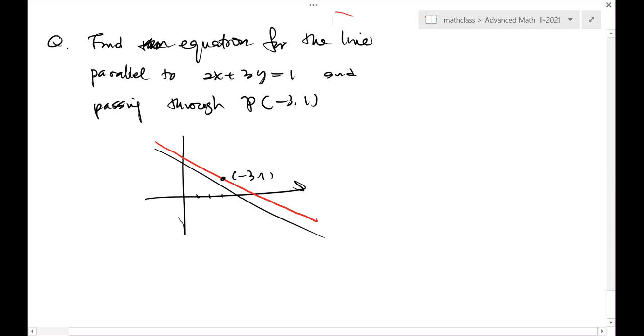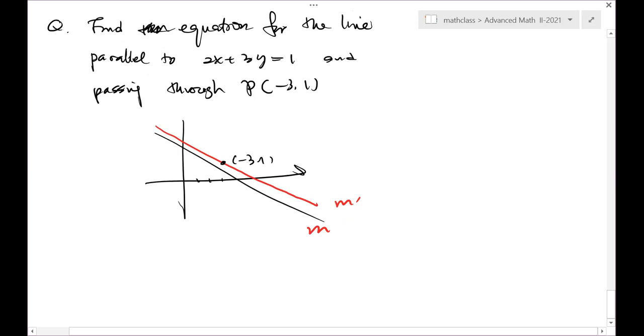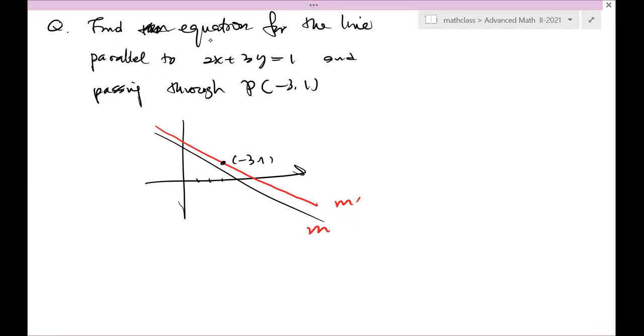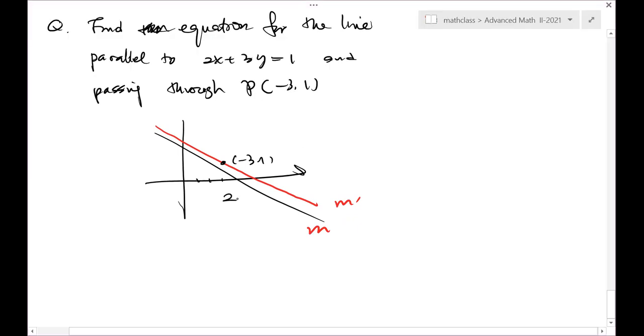All right, so you have to find out the slope. Because those two lines are parallel, they have the same slope, this m and the m prime. So find the slope m, then rewrite the equation: y equals -2/3 x plus 1/3. So the slope of the given line is -2/3.